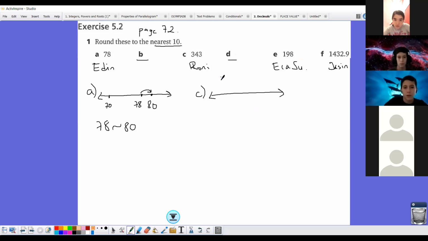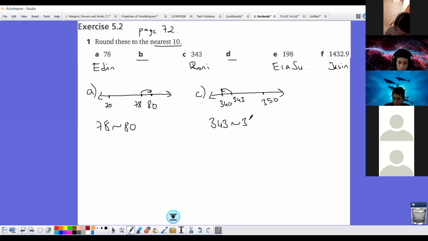It would be 340. We will draw a number line between 340 and 350. So 343 will be nearer to 340. So we'll round this number to 340. Thank you, Ronnie.